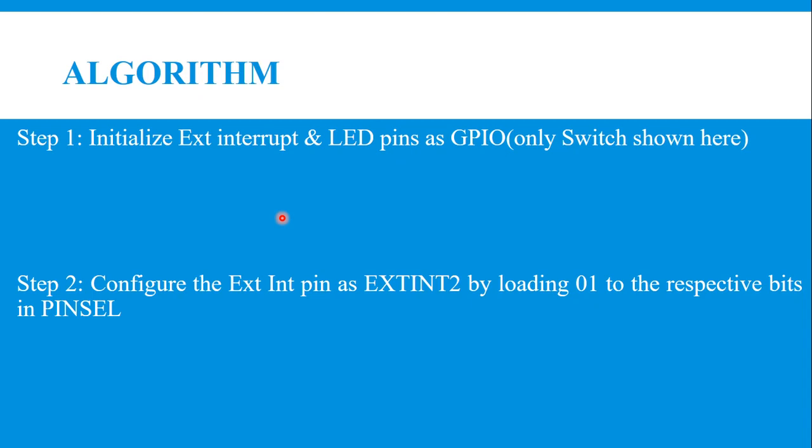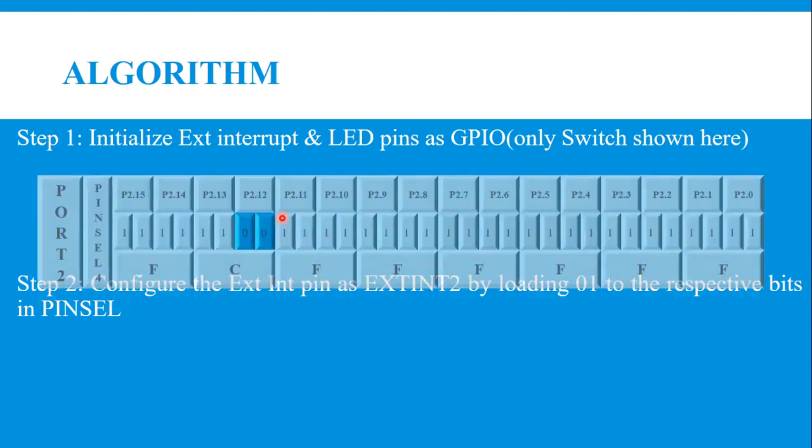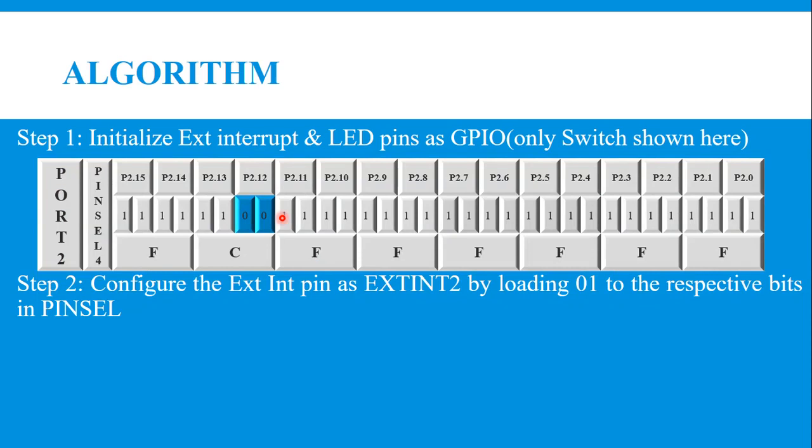For P2.12, the responsible function select register is PINSEL4, since it belongs to port 2. Both bits are set to 00, and then it becomes GPIO. Similarly, you select the pin select register for the LED pin, P1.23, and change the corresponding bits to 00, then it works as a GPIO.